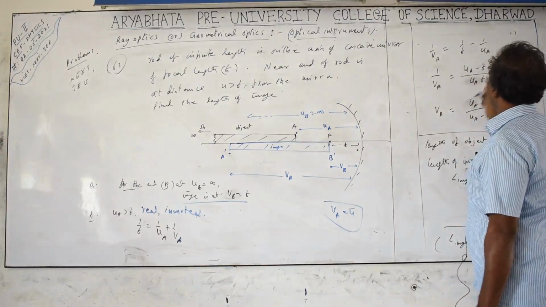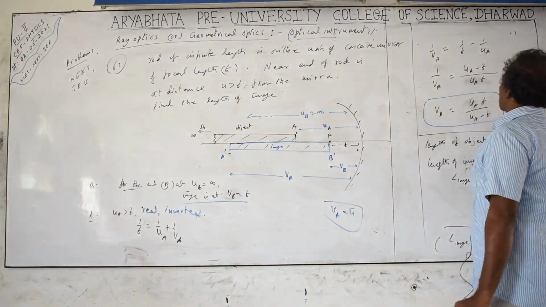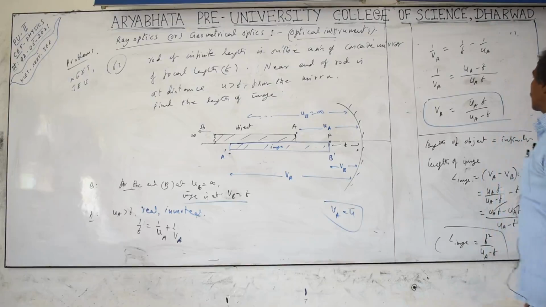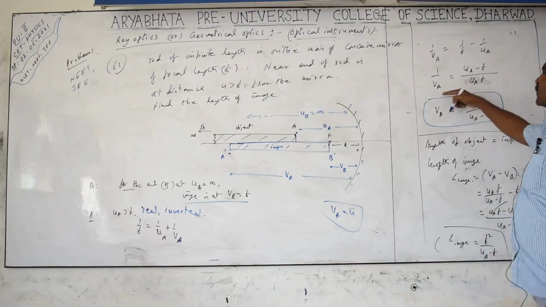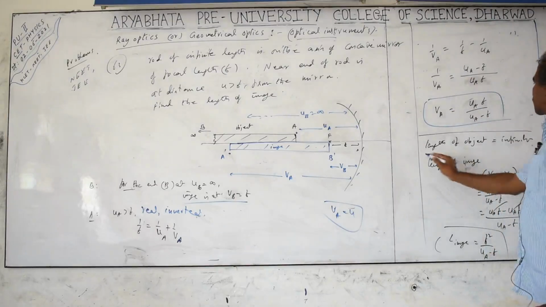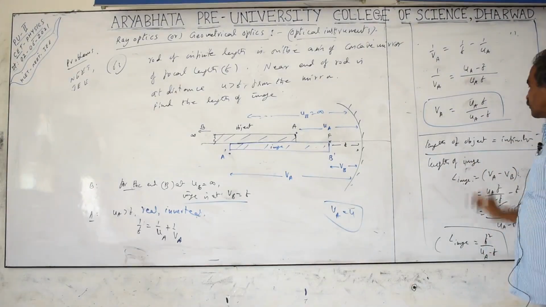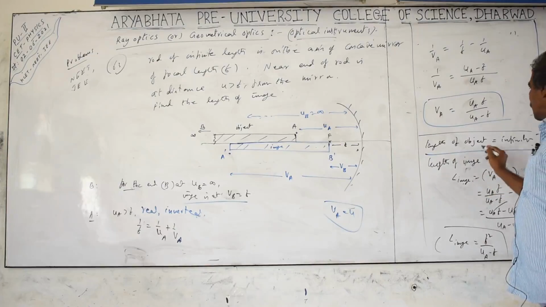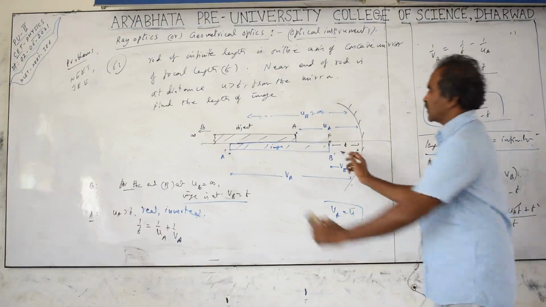Taking the LCM of this, you will get the expression for VA equal to UA into f by UA minus f. You have to be careful, reciprocally you are getting it, so reverse it. The length of the object is infinity, but you have to find the length of the image, that is the distance from here to here.